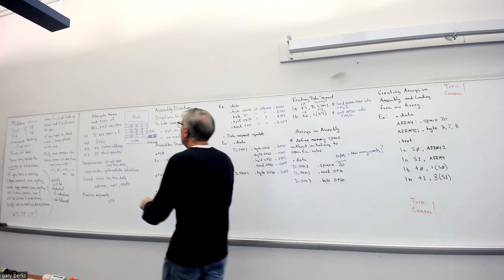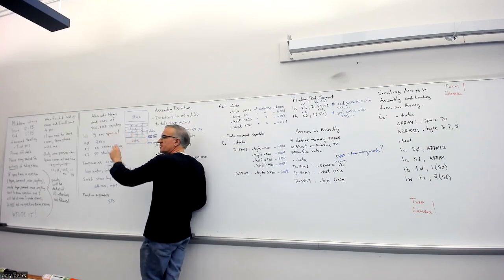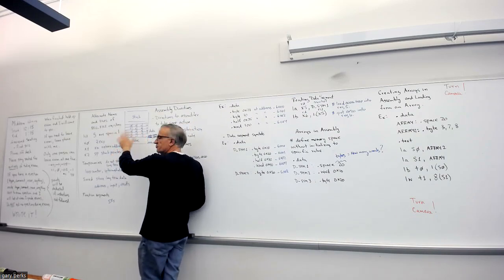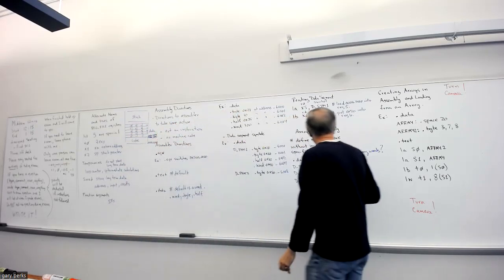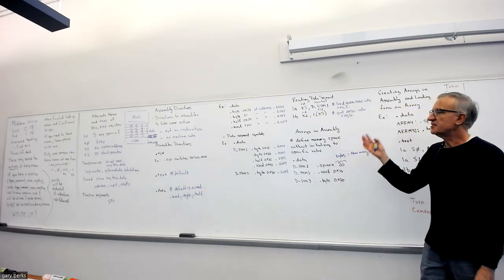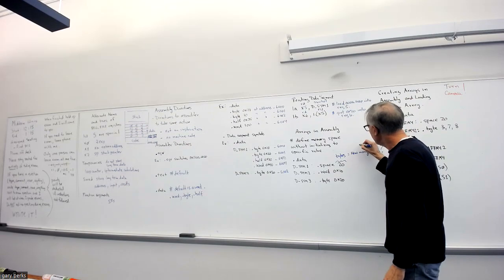Well, yeah, it's these spaces, if you will. It's byte addressable. So yeah, we're talking about 1, 2, 3, all the way up to here, 20 bytes that we've allocated. Each one has an address. Yeah, so we have 20 bytes, and since there are 4 bytes in a word, this would be 5 words.